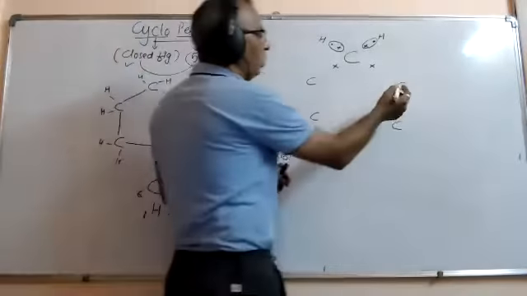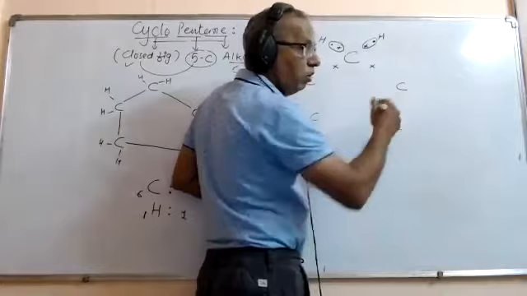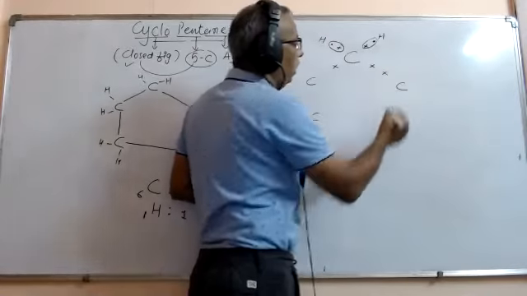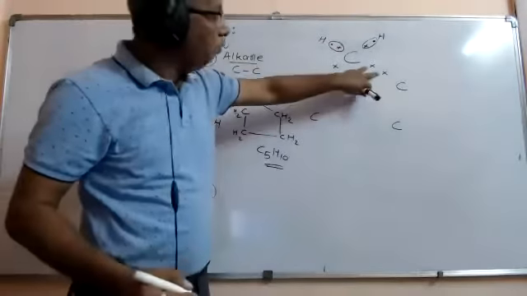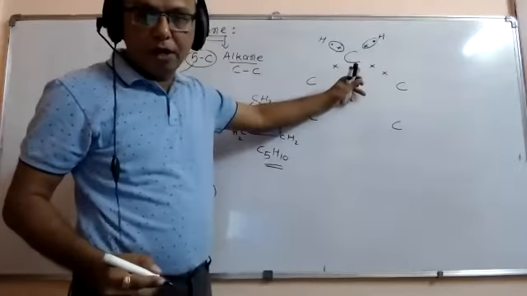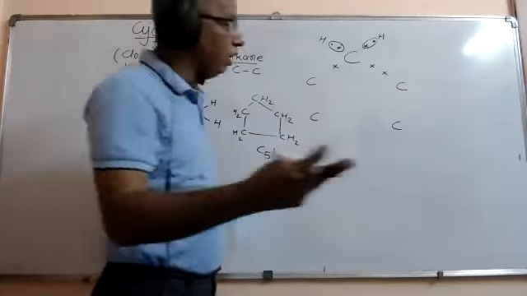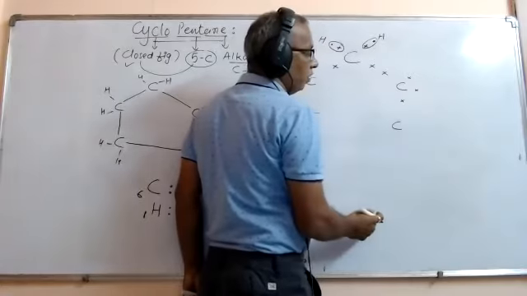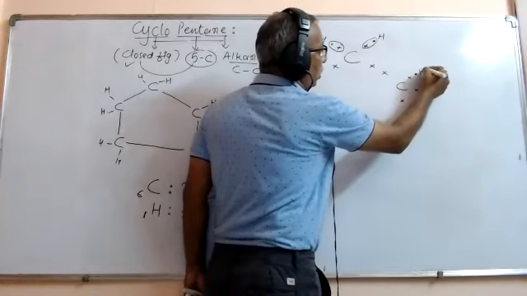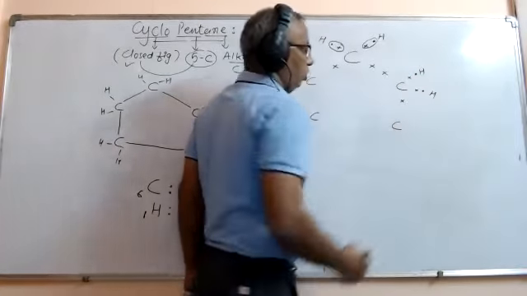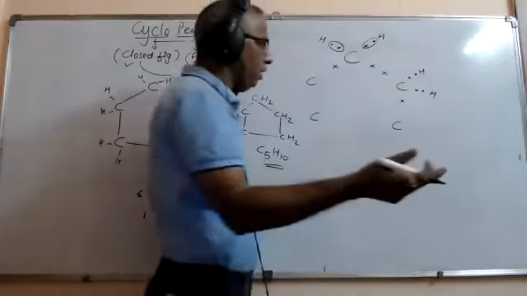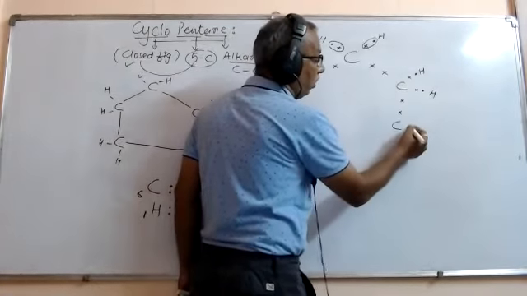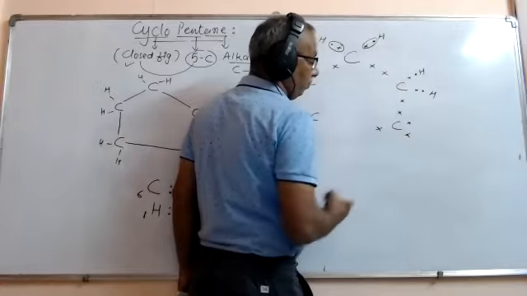Now let's go for the second carbon. This carbon also has 4 electrons. Out of 4, it has to put 1 electron here to make a bond with the upper carbon. How many electrons are left? 3. So 3 electrons are to be placed, 1, 2 and 3. This is hydrogen and hydrogen. Same to same, let's go for this carbon, 4 electrons, 1, 2, 3, 4.